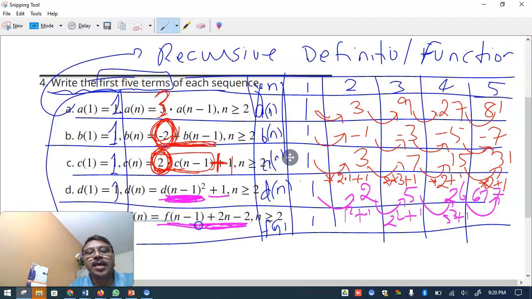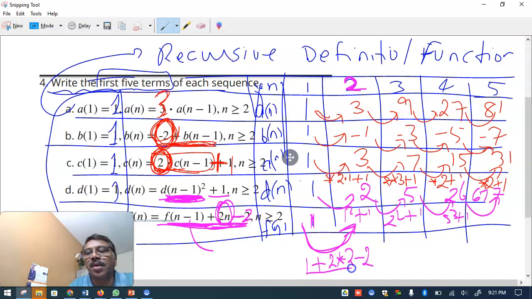The last one, what does this mean? It is the previous term, plus double the step number, and take away 2. Let's see what that means. Suppose the step number is 2. If I want to figure out this part, it is 1 plus 2 times this n, where n is 2, and then subtract 2.